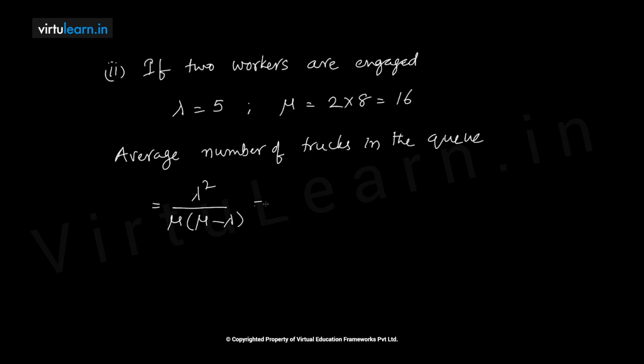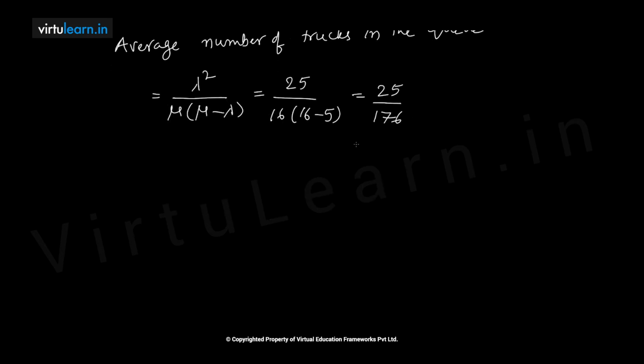Substituting, 5 square is 25, divided by 16 into 16 minus 5, that is 25 by 16 into 11, which gives us 176.